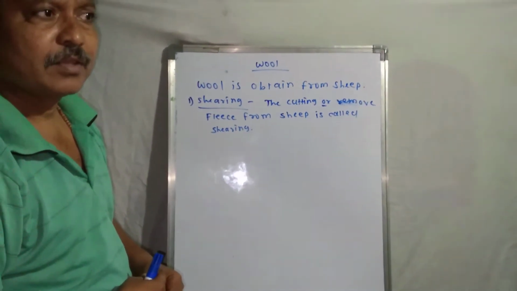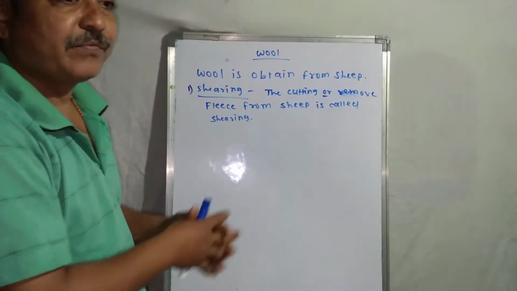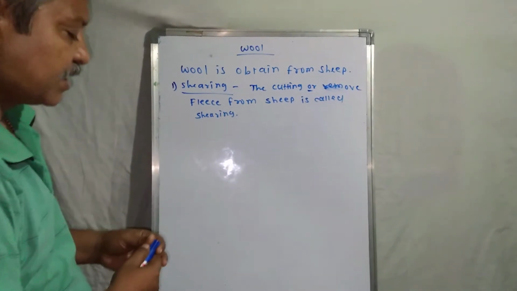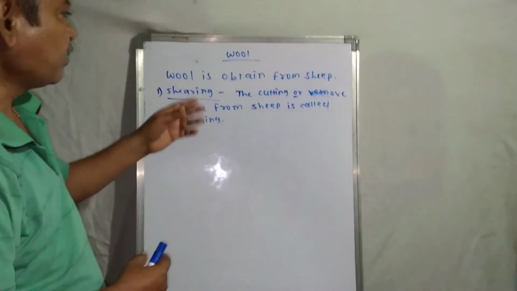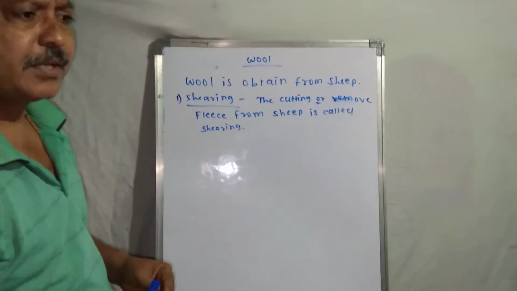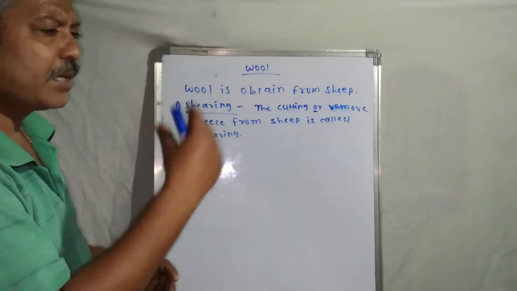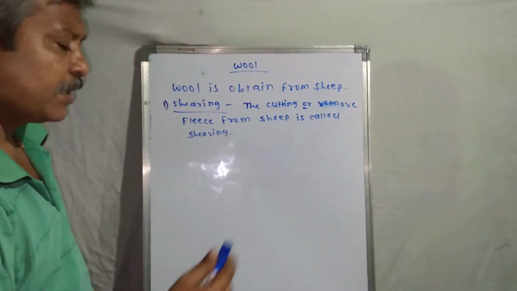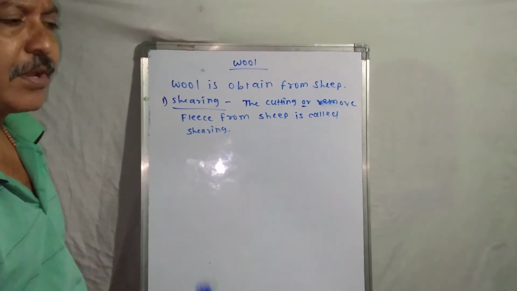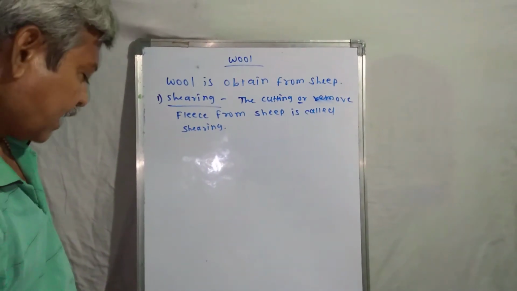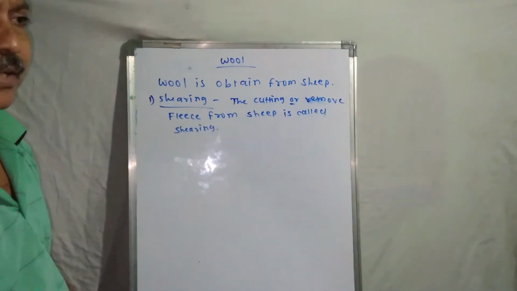Means we can sit in a fridge at minus 22 degrees Celsius. So this is about the woolen fibers. Every year the farmers cut or shear the hairs, and then the hair is scoured, which means it is cleaned, and then the grading of the wool is done.